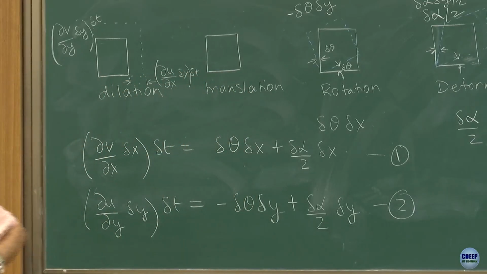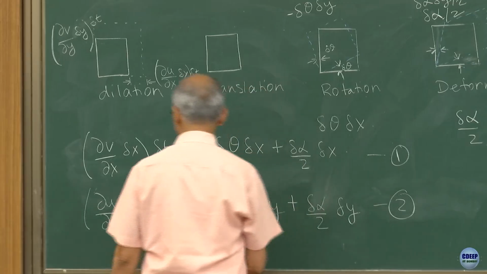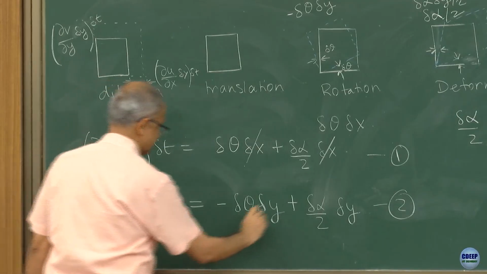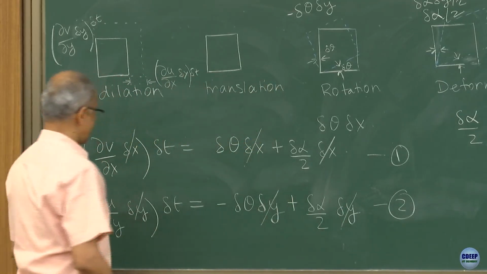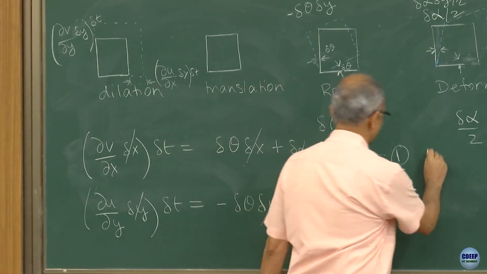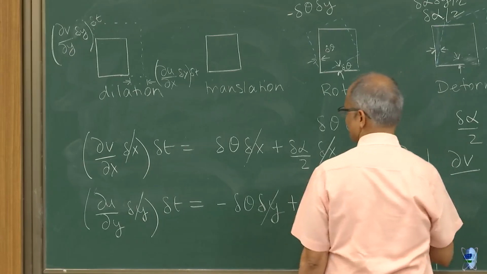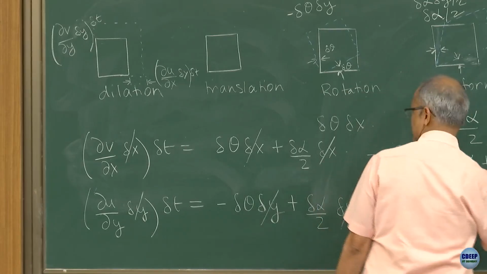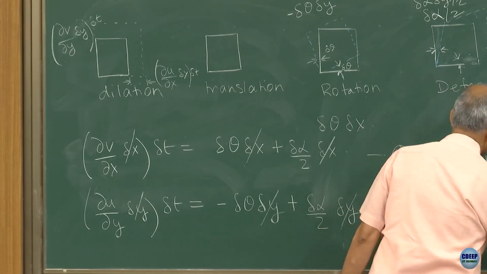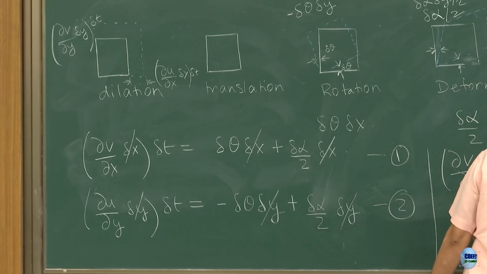So now we have two equations and two unknowns, and we can solve for them. First of all, it is easy to see that I can cancel out my delta x from one equation and delta y from the other equation. And then if I add up these two equations, my delta theta will vanish, and I will get dou u dou x plus dou u dou y plus dou v dou x into delta t is equal to delta alpha.